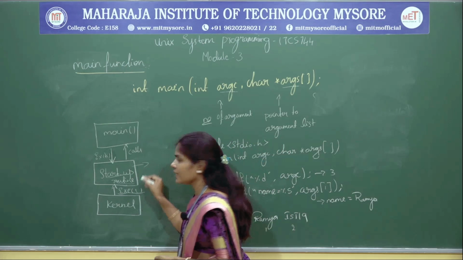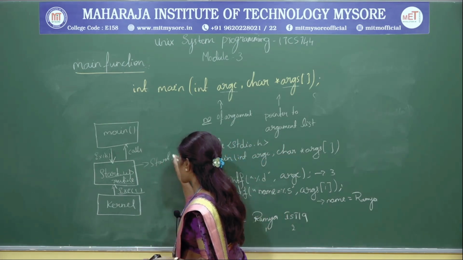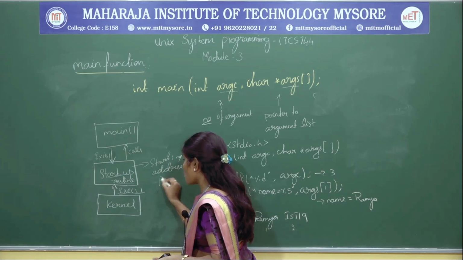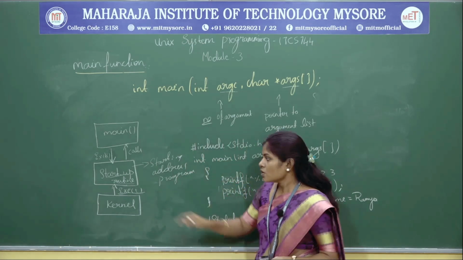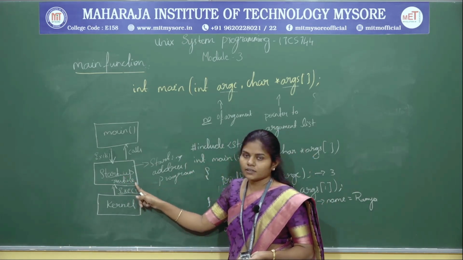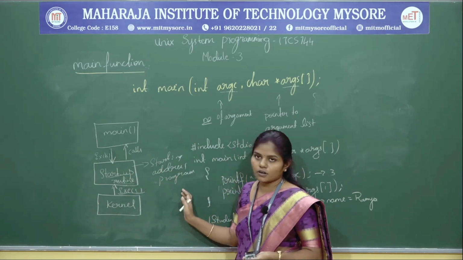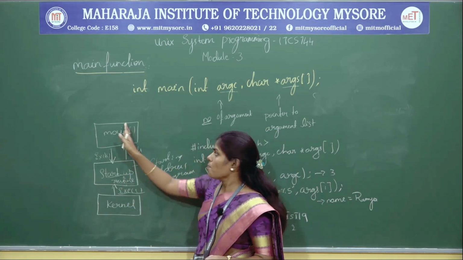It holds the starting address of the program. The kernel is going to fetch the starting address of the program, and after that it is going to call the main function.